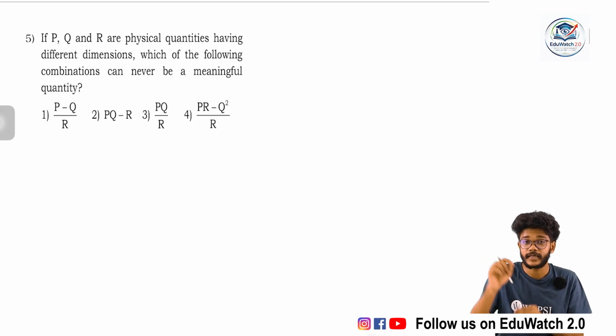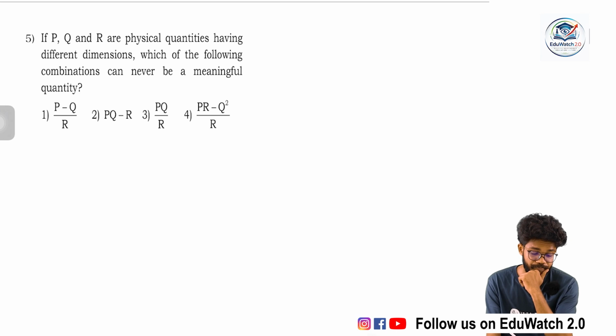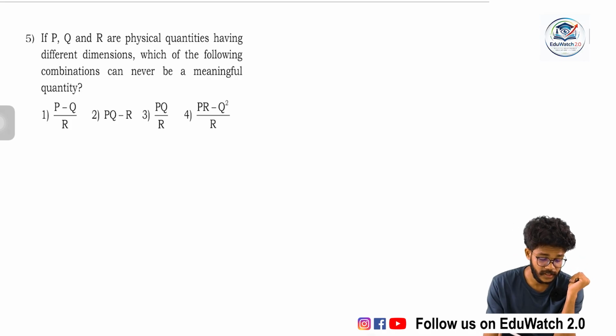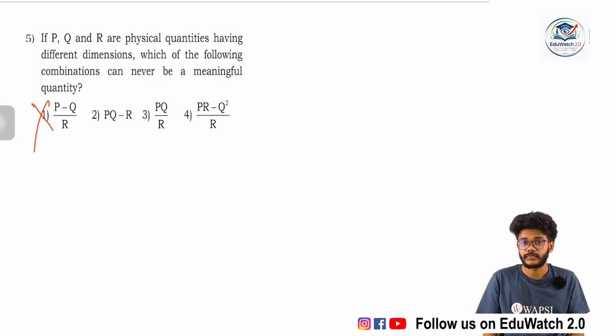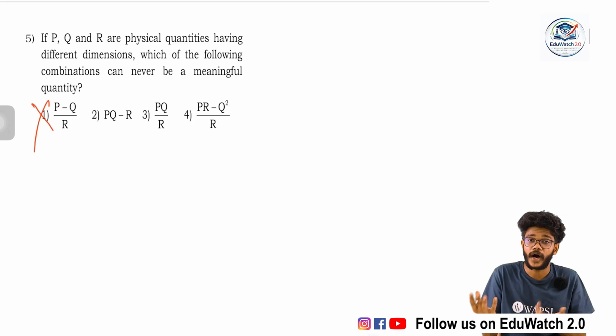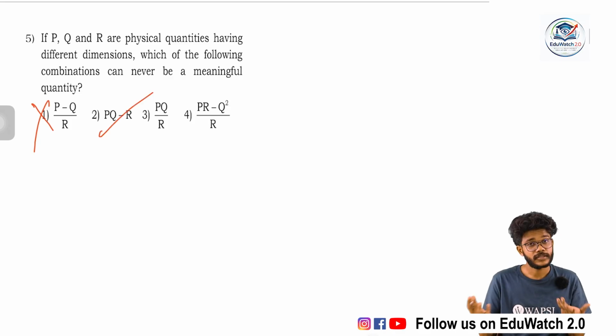See, P minus Q: can we subtract length from mass? So option 1 is incorrect. PQ minus R: PQ, the product, can be the dimension of R, because we don't know the exact dimension. So the second option is correct.